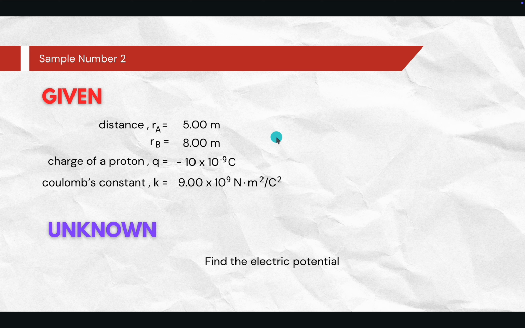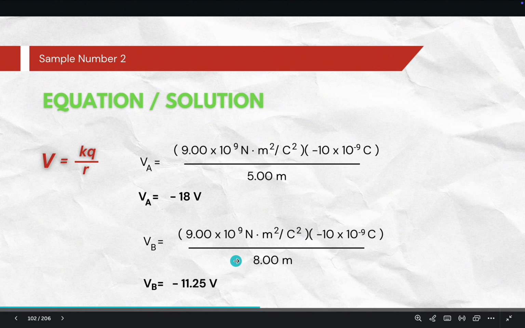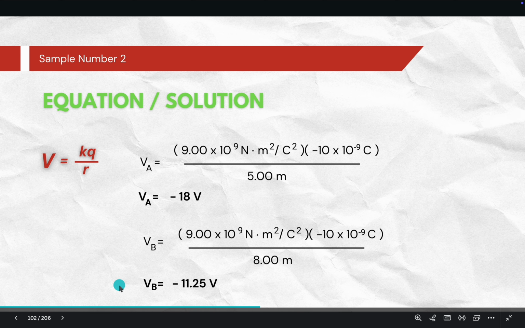So, yun yung ginamit natin na distance dun sa point A. Yung point B naman, ang gagamitin natin na distance is yung 8.00 meters. So, ang sagot dyan is, yung point B is negative 11.25 V.